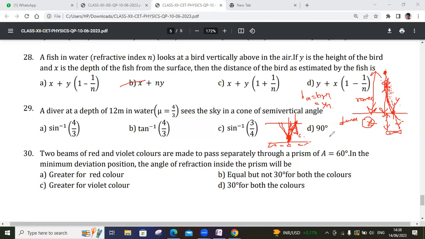So basically we have to find ic. And we know sin ic is equal to 1 by n, so 1 by 4 by 3, so it is 3 by 4. So it is sin inverse of 3 by 4. Sin inverse of 4 by 3 is not valid because the sin theta value cannot be greater than 1.